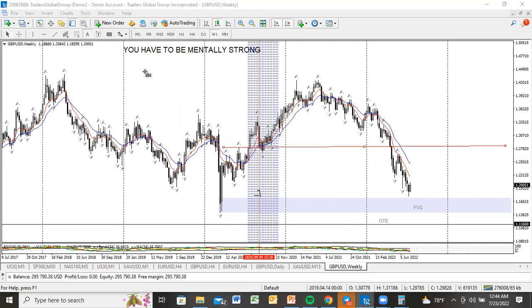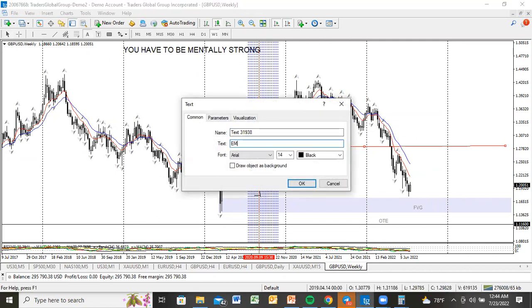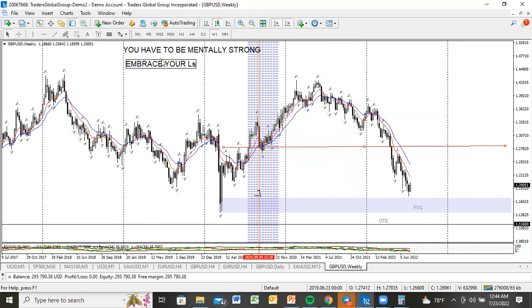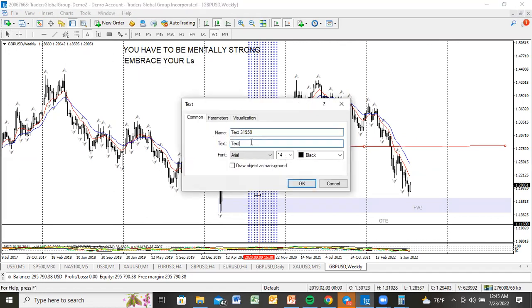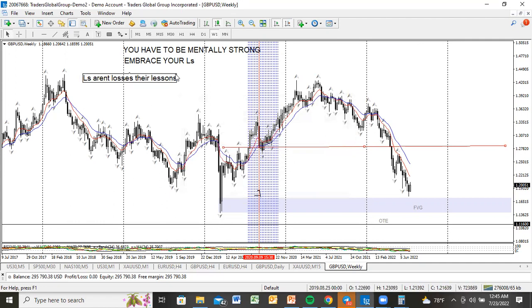Forex is one of the most difficult markets to trade. Crypto is easier, and I'm telling you the truth. The only problem with crypto is that it's volatile. You can just have a dump and you can just have a rise, but it's easier to trade.